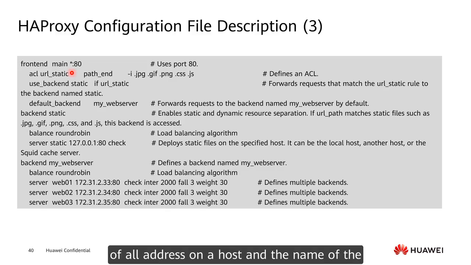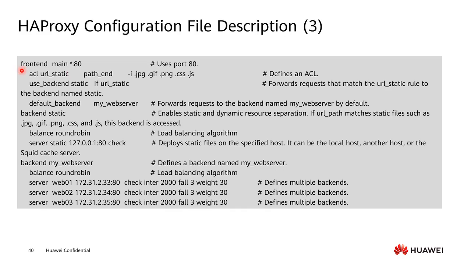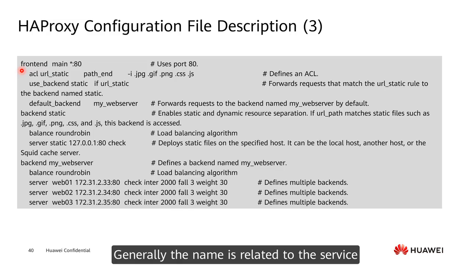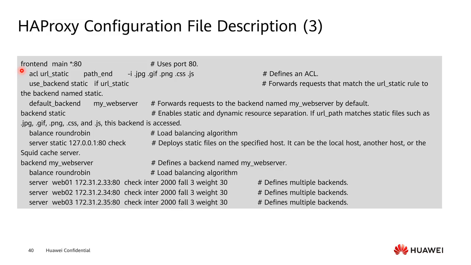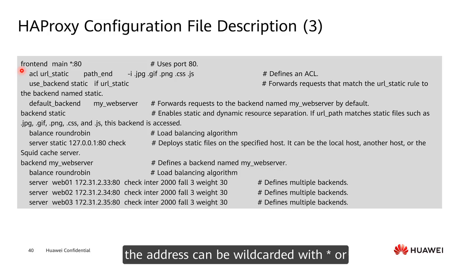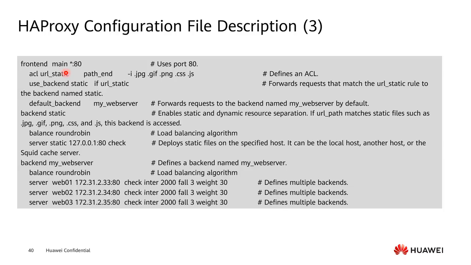The name of the frontend is customized by the administrator. Generally, the name is related to the service, to facilitate subsequent O&M. The address can be wildcarded with a star, or a specific address can be specified.